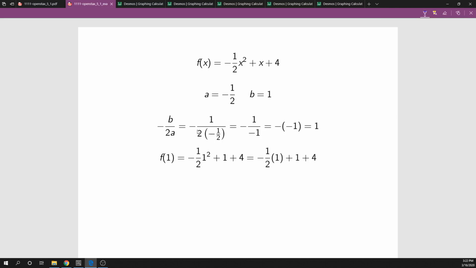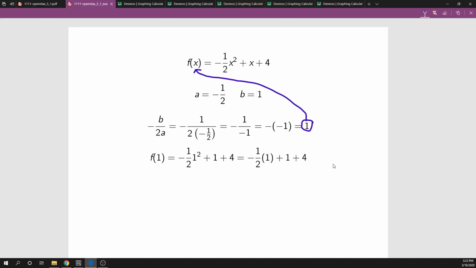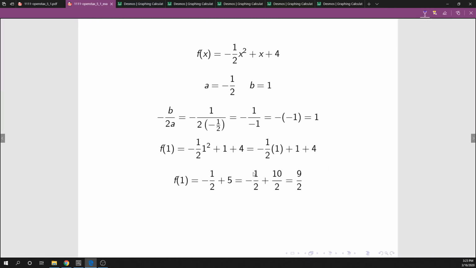Then I just need to simplify, going by the order of operations. 1 squared is 1. 1 times negative 1/2 is negative 1/2.